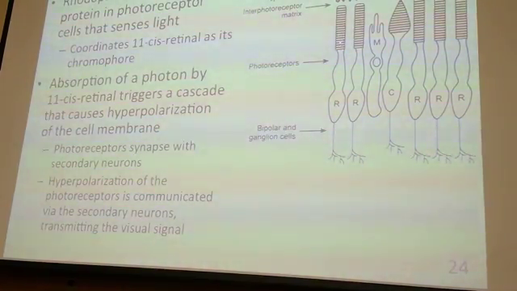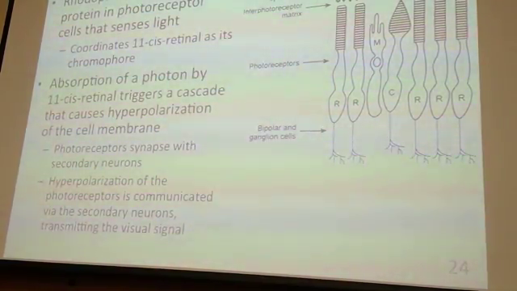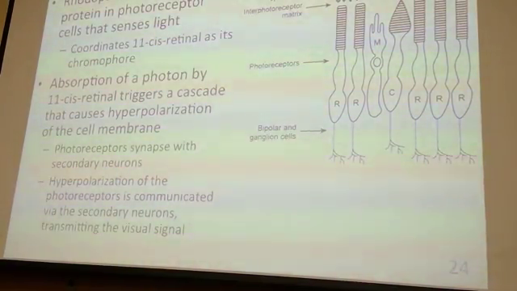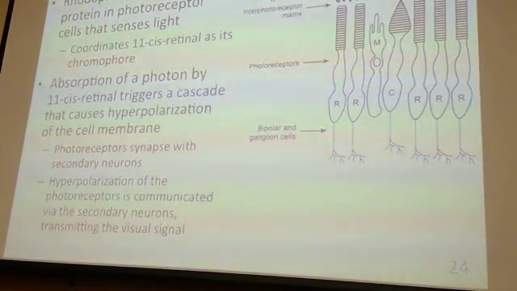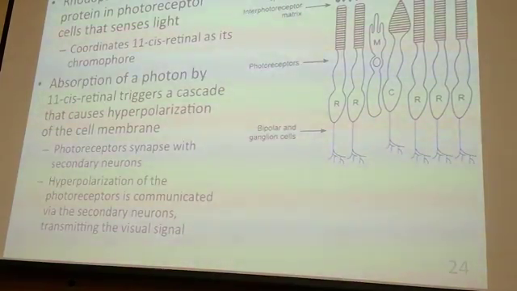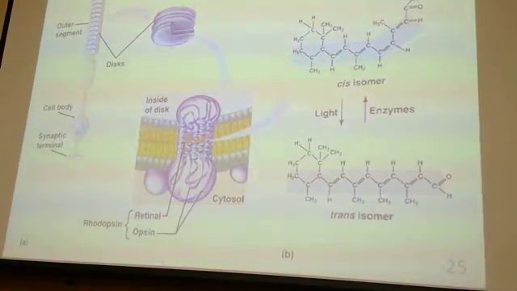So the 11-cis retinal serves a really important function in actually detecting the light and being the mediator or initiator of this cascade of events, allowing the rods or the cones to communicate with our neurons that we've seen the light to the respective visual cortex of our brain.